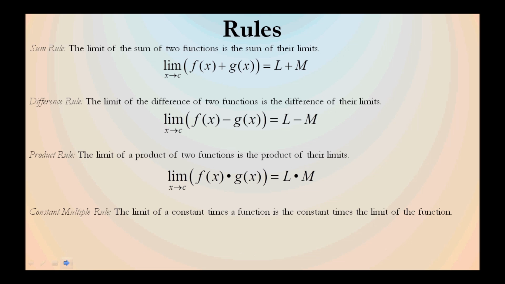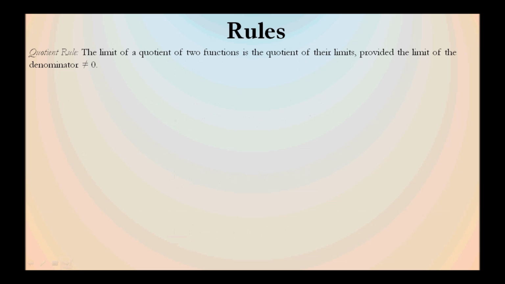Constant multiple rule. The limit of a constant times a function is the constant times the limit of the function. So the limit of k times f of x as x approaches c is equal to k times L. Quotient rule. The limit of a quotient of two functions is the quotient of their limits, provided the limit of the denominator does not equal 0.